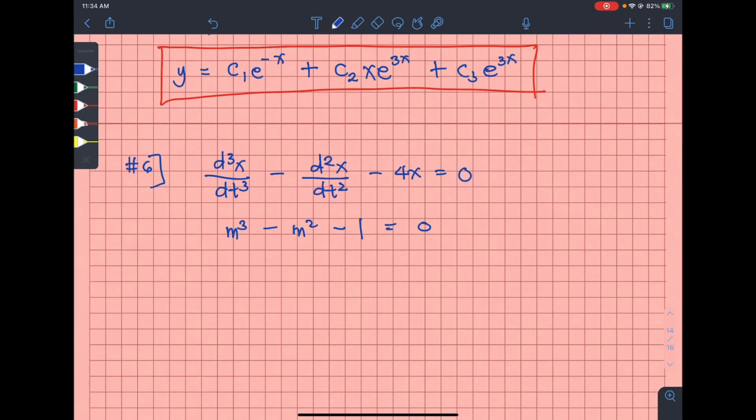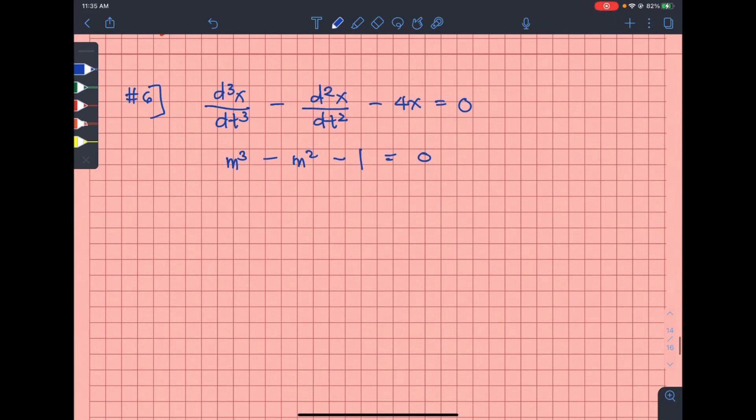So how do we find? So eto, kung magsisynthetic division tayo, let's say wala kang calculator, so magta-trial and error tayo. Mayroon yan dito, that would be 1, negative 1.